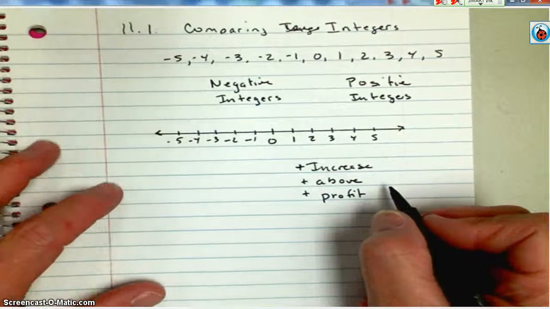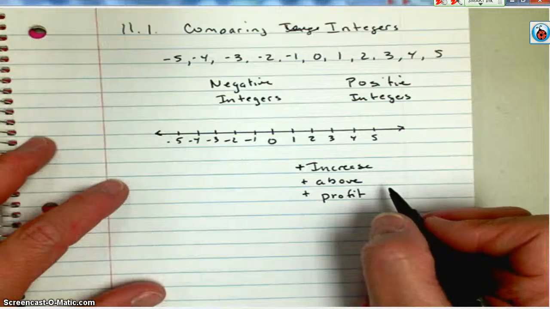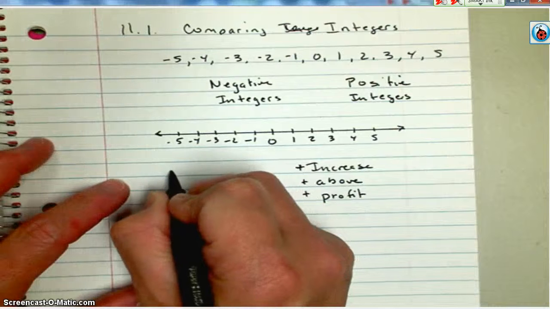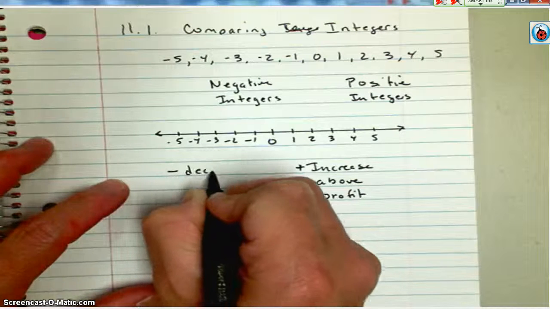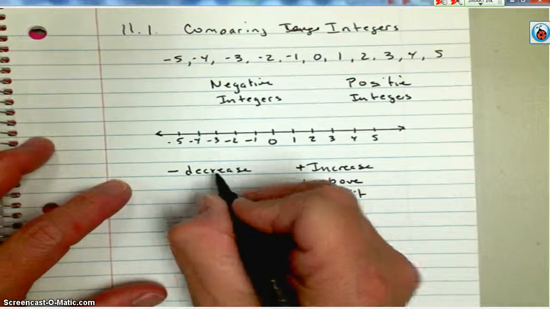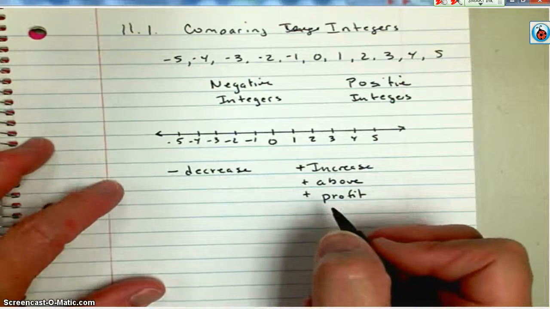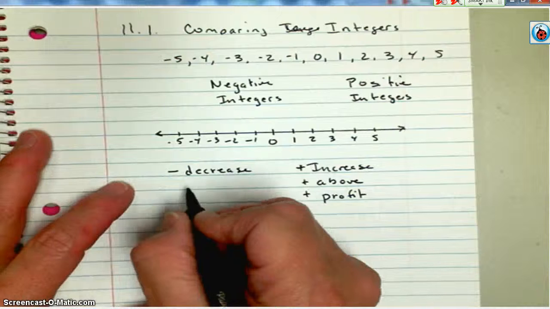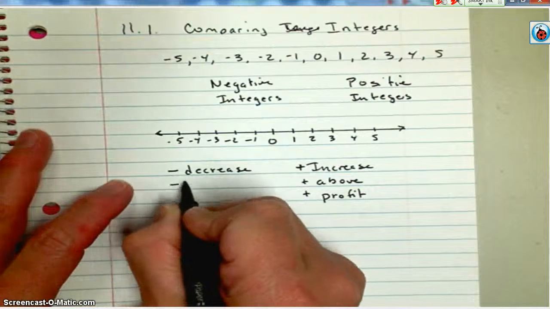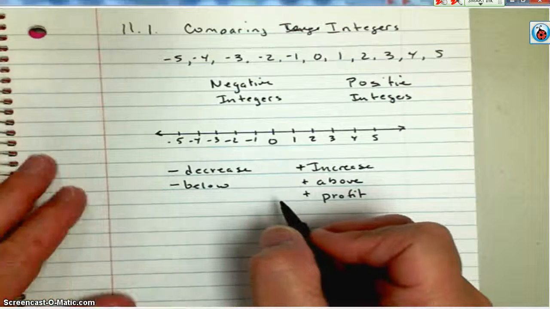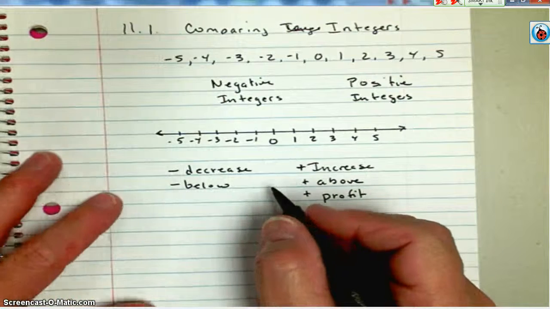And then some words that we associate with negative integers are, for example, a decrease in something. Maybe you have a decrease in your allowance or a decrease in Viking Challenge points. Those would be on the negative side. And if we have a word like below, like below 0, that means we're going below 0 and the temperatures are cold.